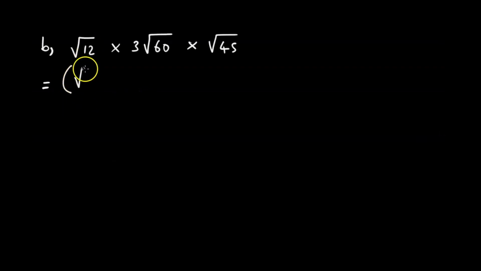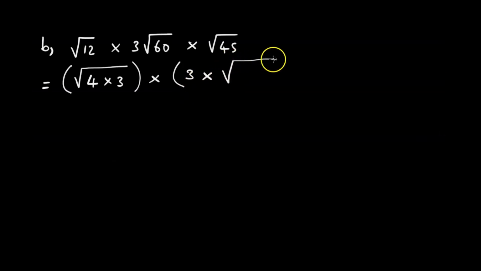Instead of writing 12, we get the square root of 4 times 3. Why 4 times 3? 4 times 3 is equal to 12. 4 is a perfect square, because the square root of 4 is 2. So this is 2 times the square root of 3.